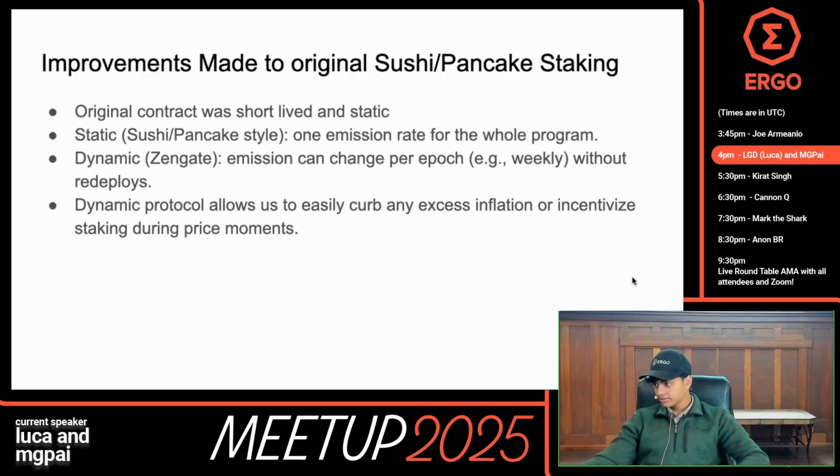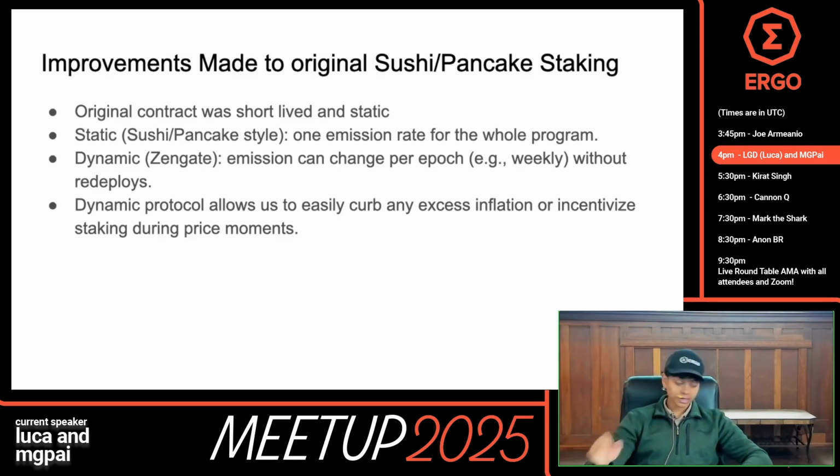So really the final slide here is improvements made to the original protocol. The original contracts were short-lived and static. Like I said, it was originally meant for things like meme coins, where you just don't want people to sell. You don't really think about the long term. And the problem with this was that it was very static, so you have one emission rate for the whole program.